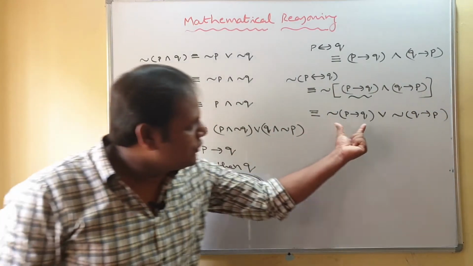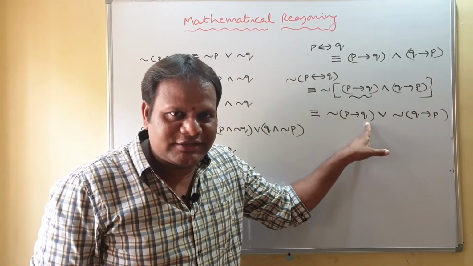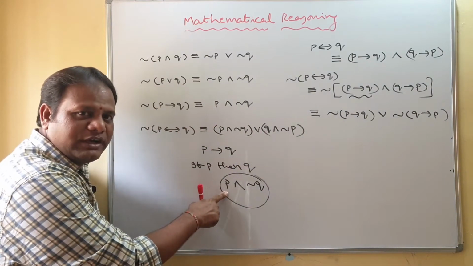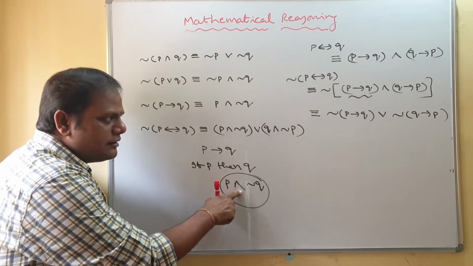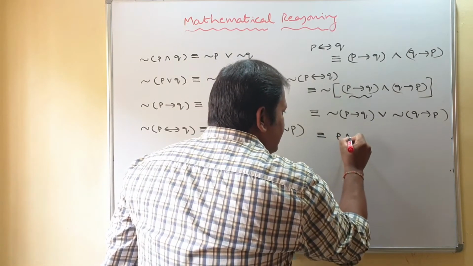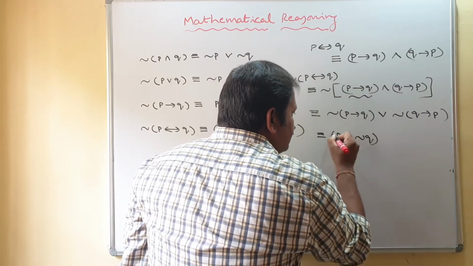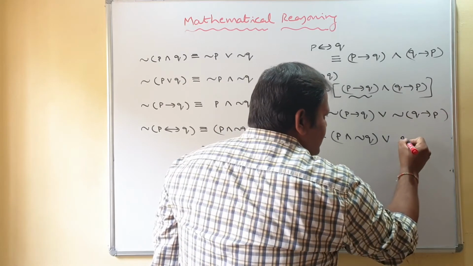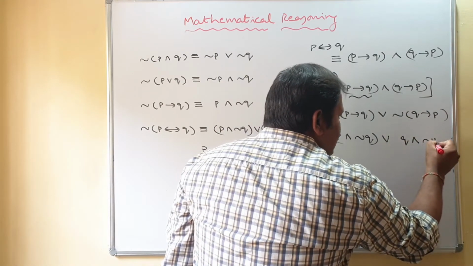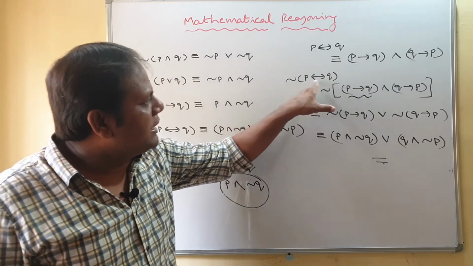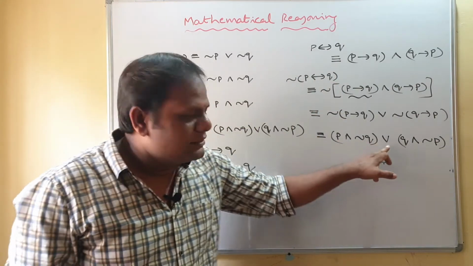So now you tell. It is implication, if condition. What is negation for if condition? Just now we discussed what? P and negation Q. So here you can take that. It is P and negation Q, and negation to this is Q and negation P. So negation of a biconditional statement is this.